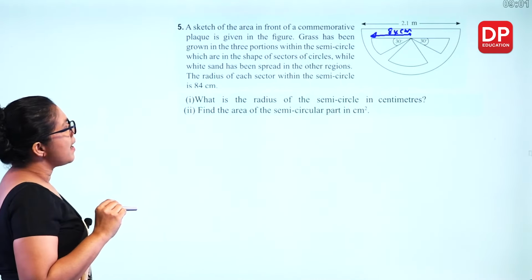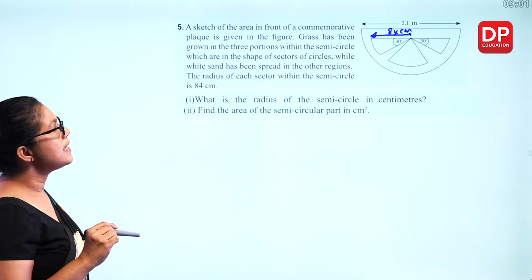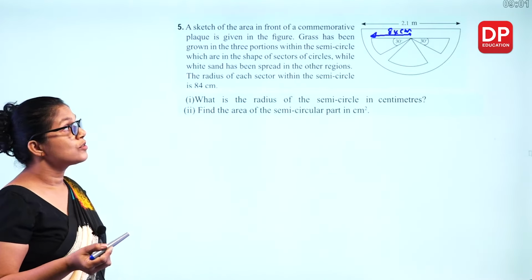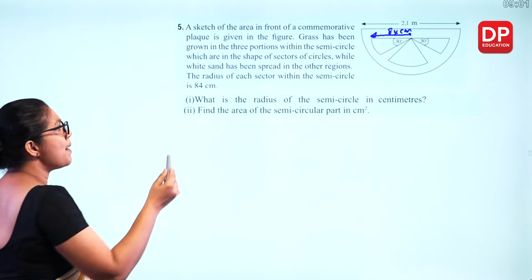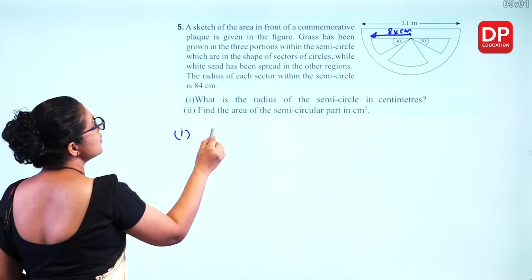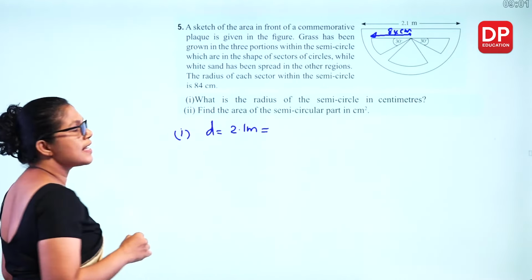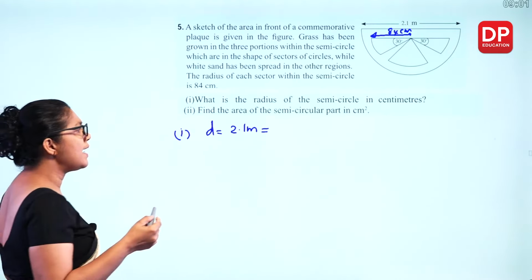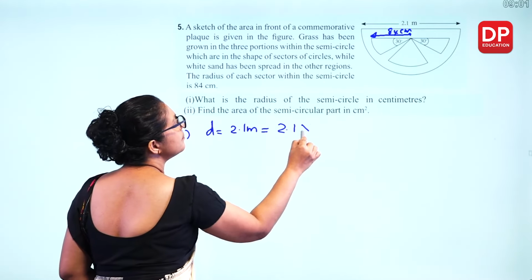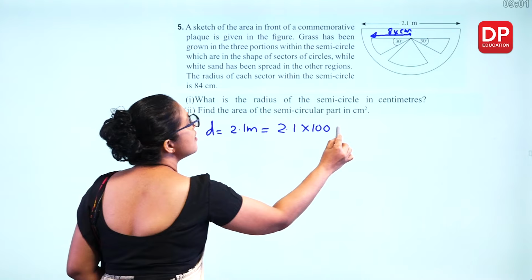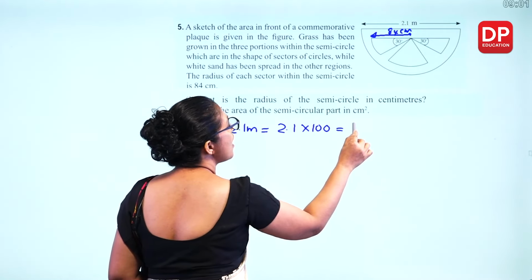The first part says, what is the radius of the semicircle in centimeters? Here it's given 2.1 meter for the diameter. How can we convert to centimeters? You multiply this by 100. 2.1 multiplied by 100, you put a decimal place, so 210.